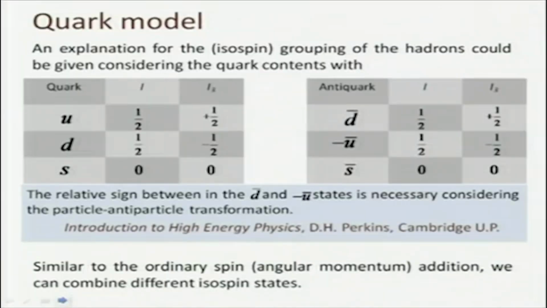Now, when we actually combine two quarks or a quark and an anti-quark, the isospin of that combined state will follow an algebra very similar, in fact exactly similar, to that of angular momentum addition, which I believe you are familiar with from your quantum mechanics courses.